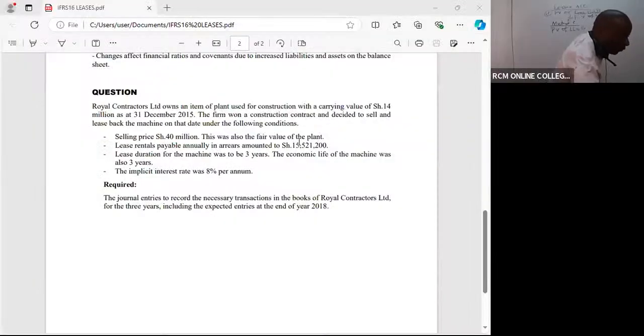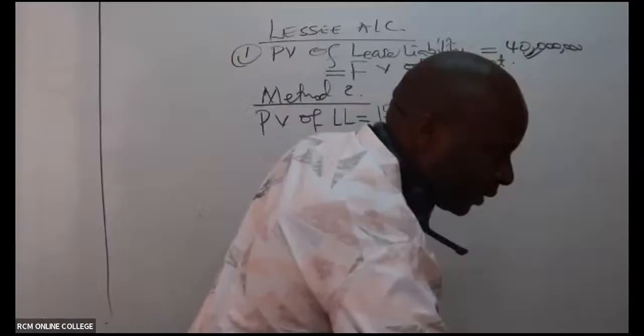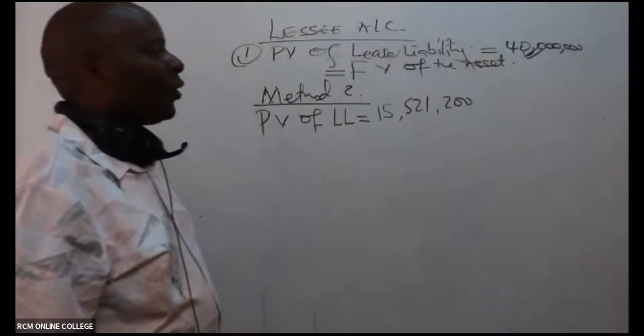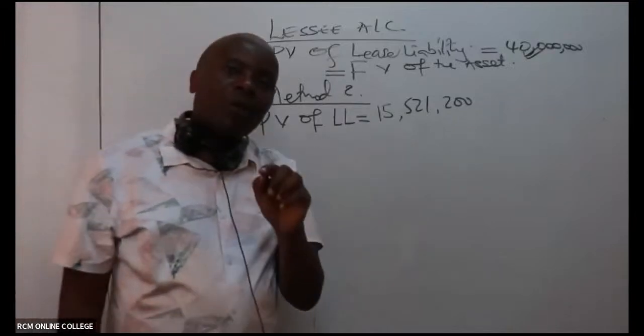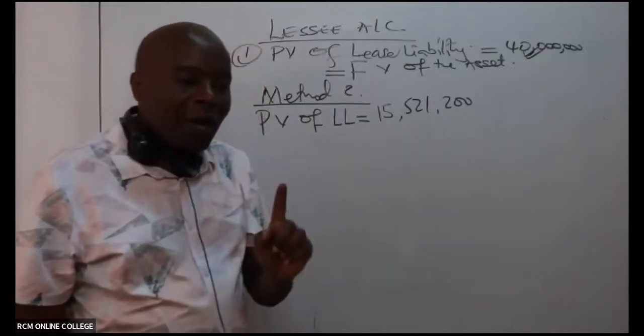So please allow me to write this 40 million in full, because this other figure is very ugly and I may not want to cut the zeros. Let me just write it in full: 40 million. And this is now the lease rental. Now, this lease rental, ladies and gentlemen, remember they have told us clearly.